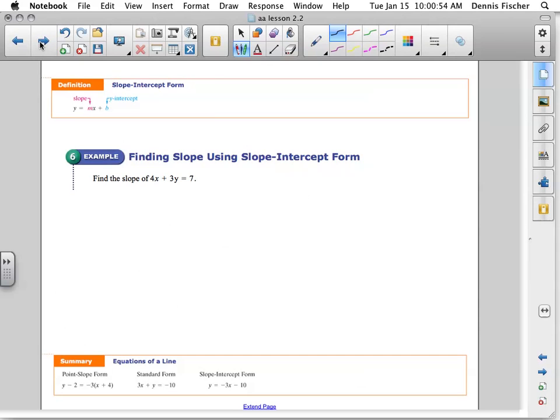So, find the slope of a line. Let's just do it right now. Negative A over B and C over B. You have an equation of 4x plus 3y equals 7. Find me the slope. Find me the y-intercept.